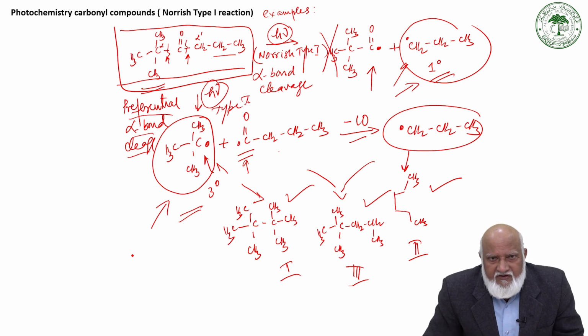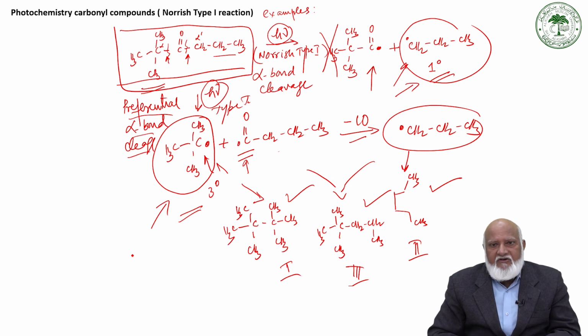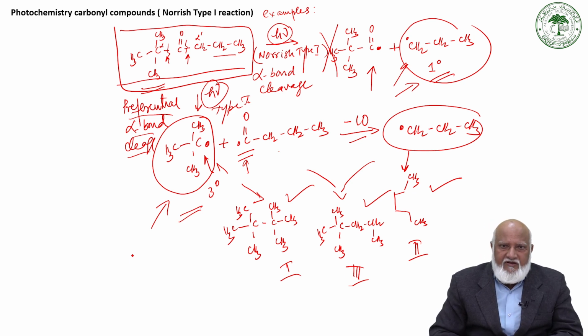The alpha bond cleavage is nothing but a Norrish type 1 reaction. Alpha bond cleavage is preferential if the alpha carbon is substituted and is going to give carbon-centered radicals of different stability. So the more stable carbon-centered radical is going to be preferred, and it will further undergo decarbonylation, radical coupling, and so on and so forth.